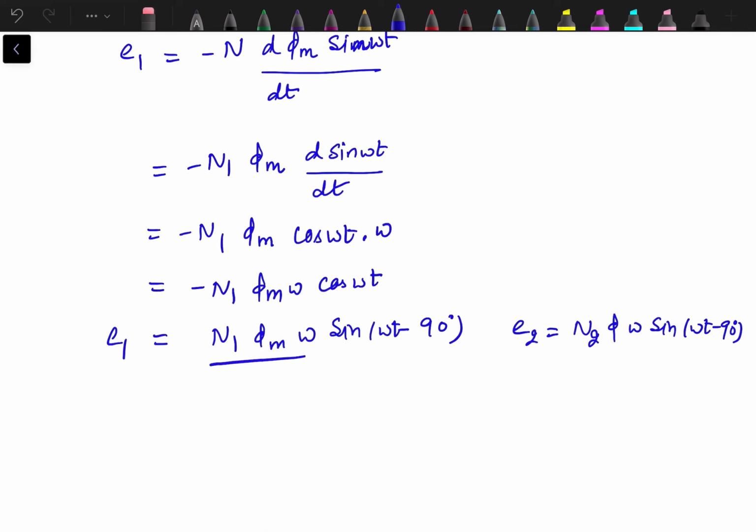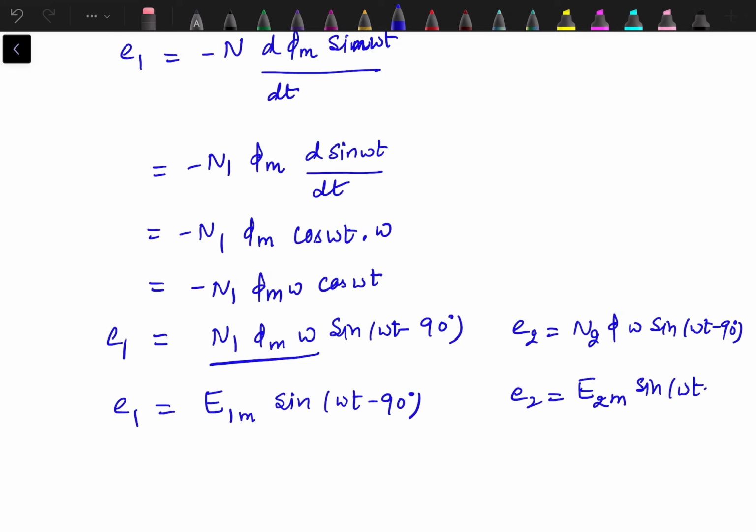So this N1 phi m omega is E1 max sine omega t minus 90. Similarly, E2 is E2 max sine omega t minus 90.